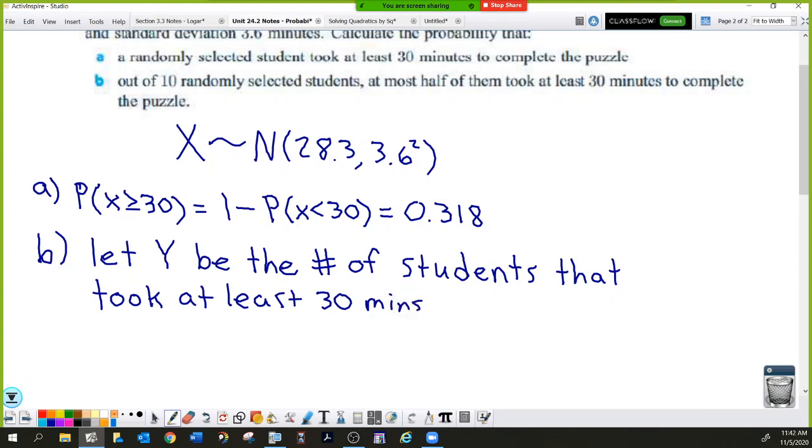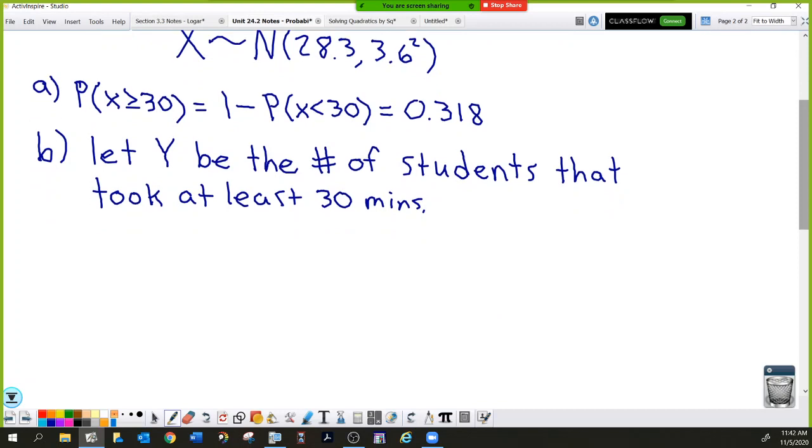So if capital Y is the number of students that took at least 30 minutes, what we know is that capital Y is distributed binomially because a student either did or did not take at least 30 minutes, with the number of trials being 10 and the probability of success being 0.318.